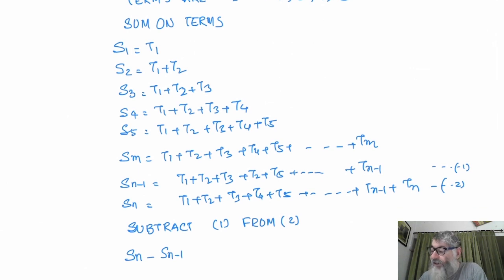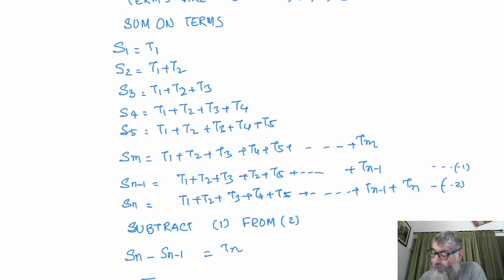On the right hand side, all the terms will cancel. T1, T2, T3, T4, T5, everything will cancel. Only Tn will remain, because we are subtracting, and T1 cancels T1, T2 cancels T2, T3, T3, T4, T4, T5, T5, and so on, and Tn minus 1, Tn minus 1. Only Tn is left, because it doesn't have a matching term, as we have calculated till n minus 1 in the first equation.